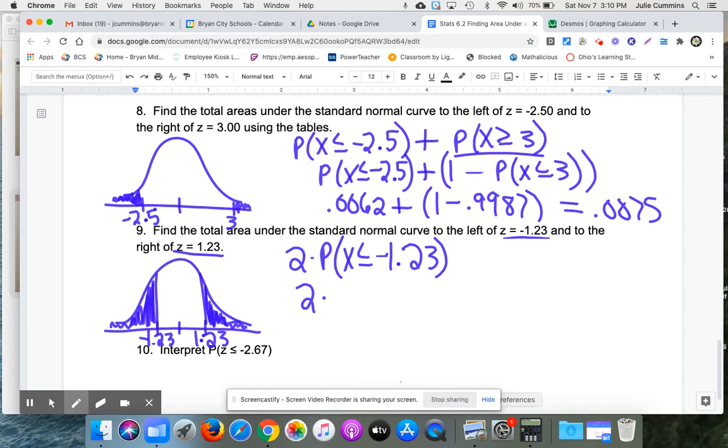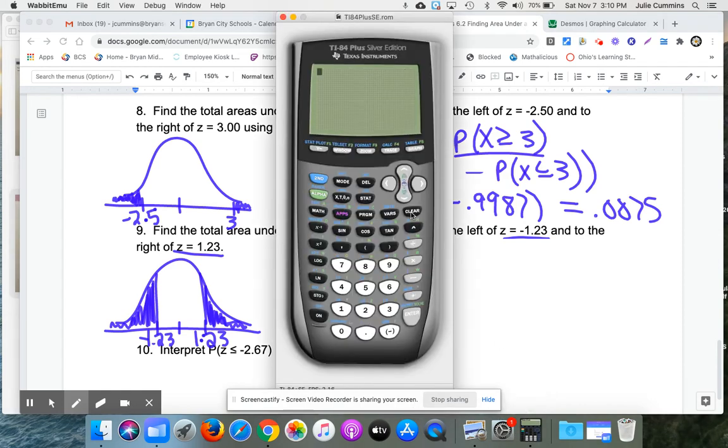So we'll go over to the calculator, and where did the calculator go? There it is. Go to distribution. I'm going to do a normal CDF. I decided to do this lower one, so my left bound is going to be negative infinity, so negative 1 E 99. The upper bound is going to be negative 1.23.